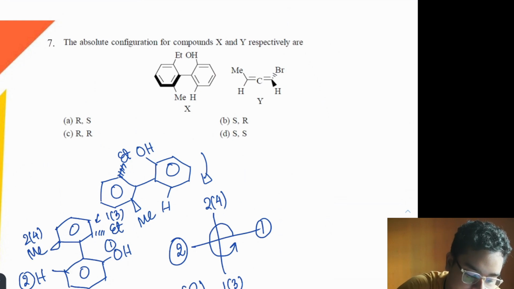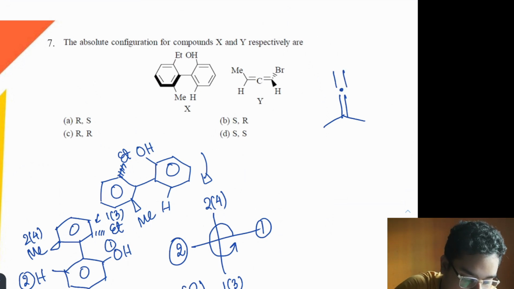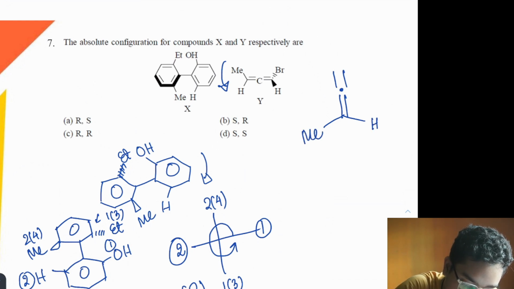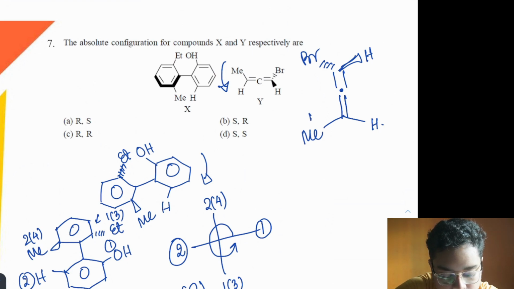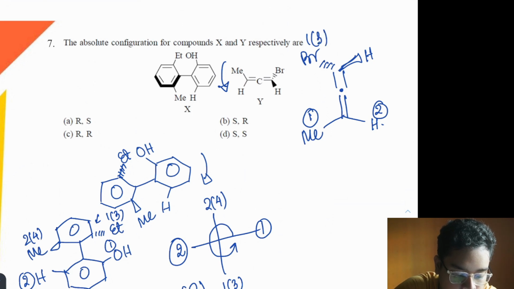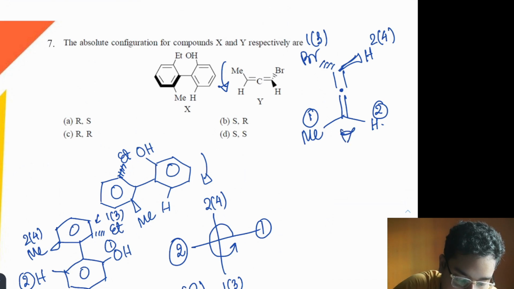And similarly, if we look at this particular compound, I just do it once directly. We have to rotate this particular group in such a way that hydrogen will be here, and since hydrogen is there, that means this particular bonded hydrogen is also here, and the bromine will be here. Now between these two, this will be the highest priority, this will be the second highest priority, this will be the pseudo 3 priority, and this will be the pseudo 4 priority, and our viewing is from here.